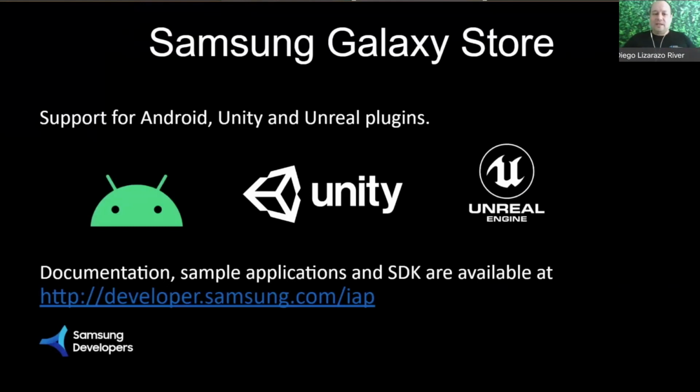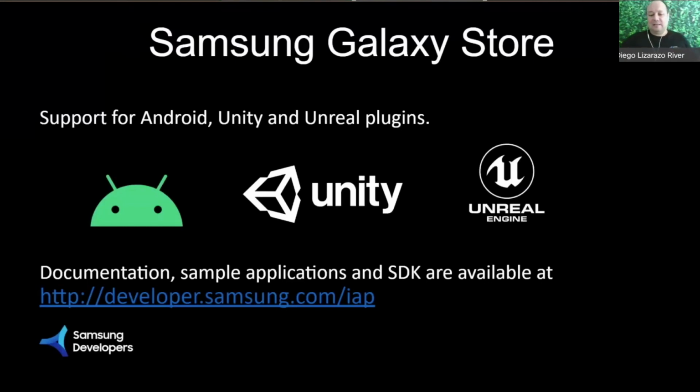Right now, for the in-app purchase SDK, we offer support for Android, for Unity, and Unreal plugins. Of course, today we're going to focus on the Unity one, but you can go directly to the link that I'm putting there, developer.samsung.com. That's the page for the developer program that I mentioned before.